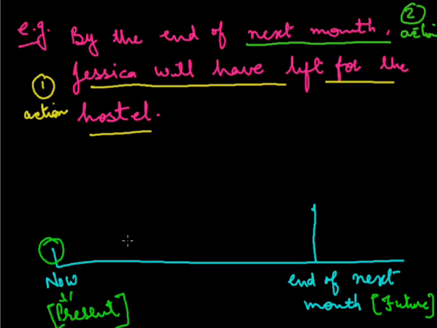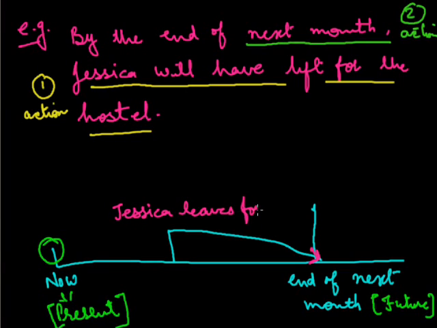So now I want to tell you one thing, that this is action 1. What is action 1? Jessica leaves for the hostel, and the month comes to an end.